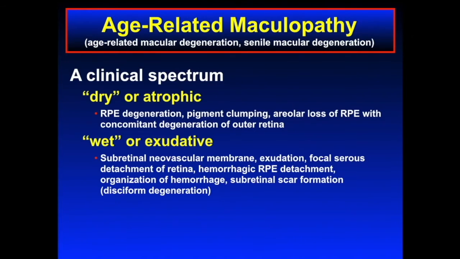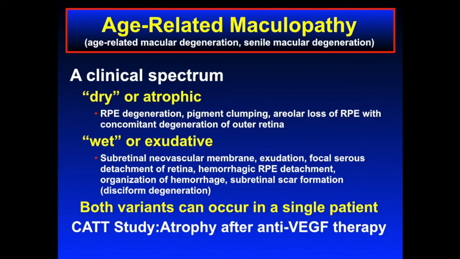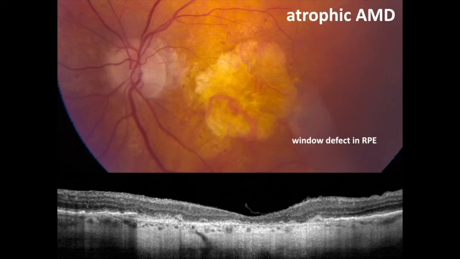Age-related maculopathy is the clinical spectrum that includes both dry or atrophic variants and wet or exudative variants. Both variants can occur in a single patient. And the CATT study showed that the atrophic form can develop in patients with exudative maculopathy after anti-VEGF therapy.